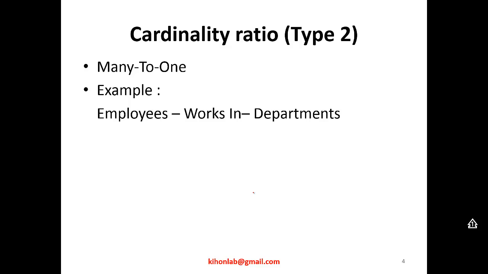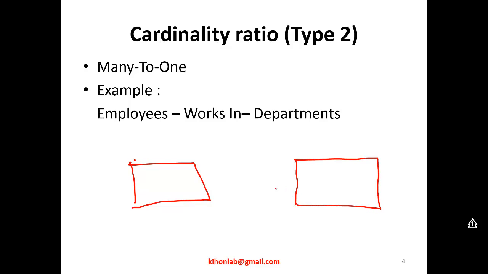The second one is many to one. It could be represented something like this, many to one. So employees works in department. Employees is the first entity, the second is department, and works in is the relationship.